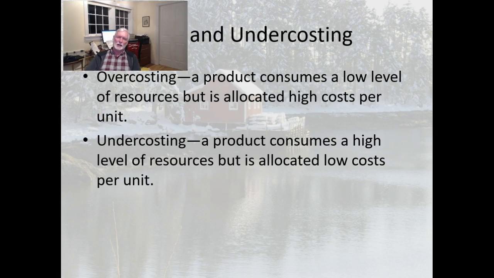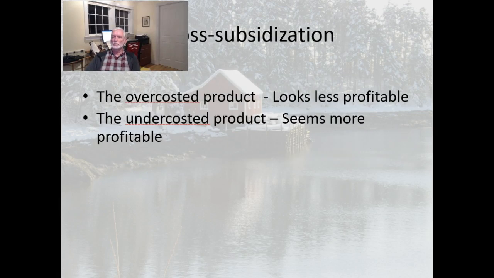If we've underallocated costs, then we think that this product is less expensive to produce than it actually is. So the overcosted product looks less profitable, and the undercosted product seems more profitable. And that leads to bad decision making. You decide to reduce the price on the undercosted product, sell it too cheaply, or sell the overcosted product too expensively so we don't sell very many of them, or any number of things can happen that we make bad decisions because we have bad cost data.